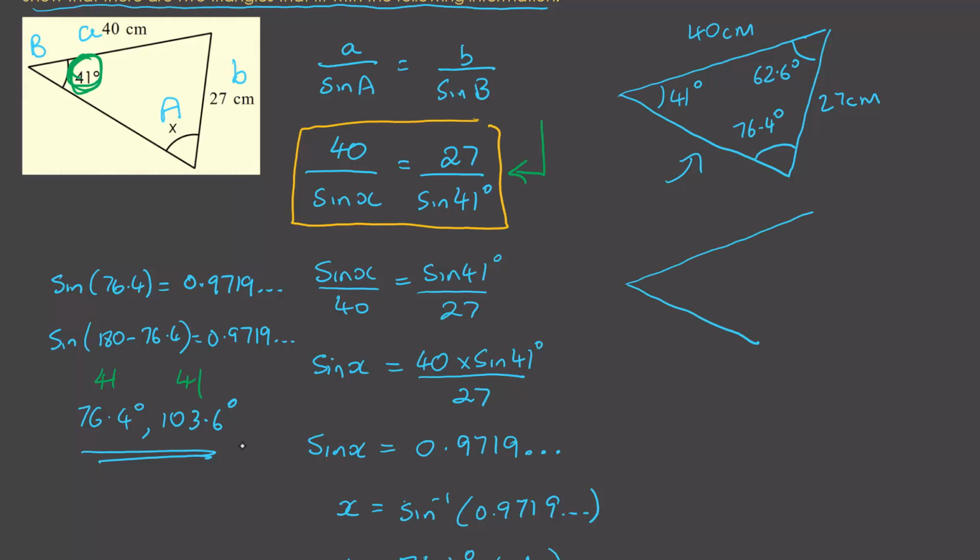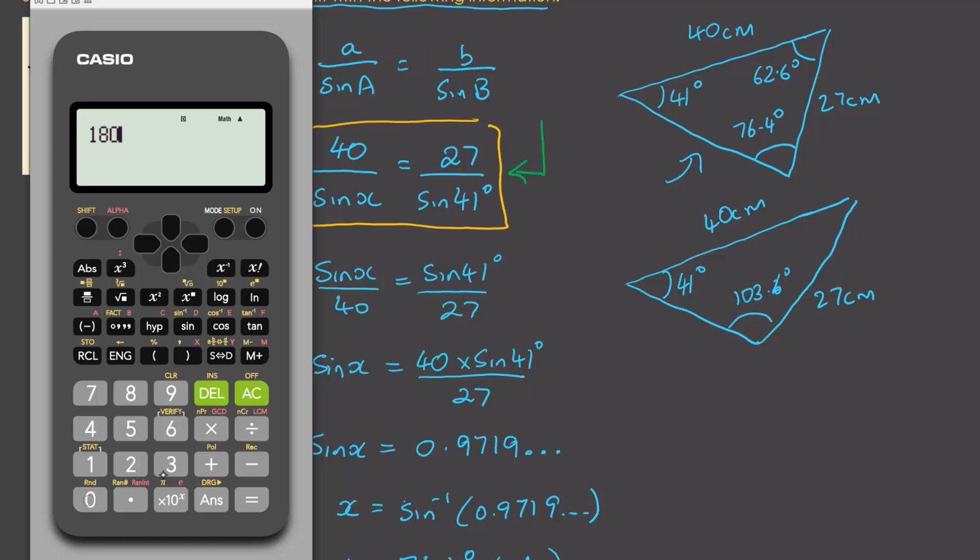The other triangle would have 40 centimeters, 27 centimeters, and 41. That's the information we were given in the question. But this angle would be 103.6 degrees.